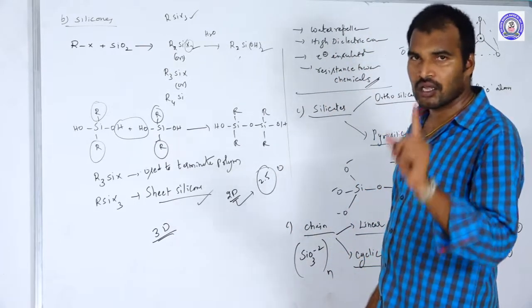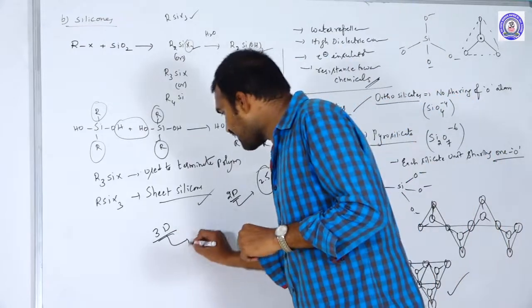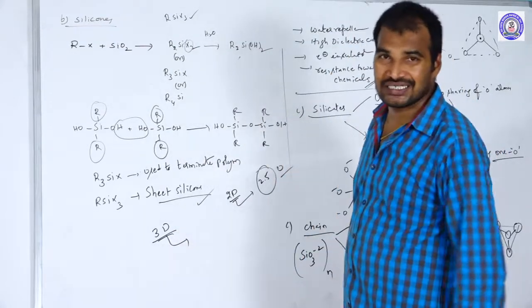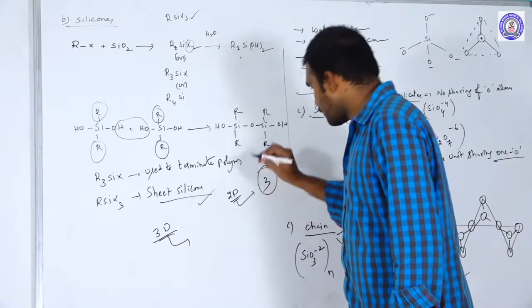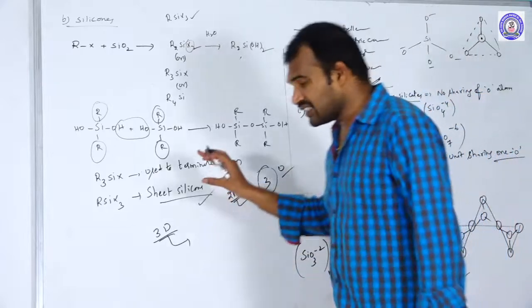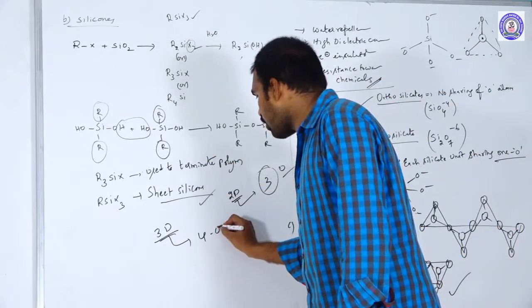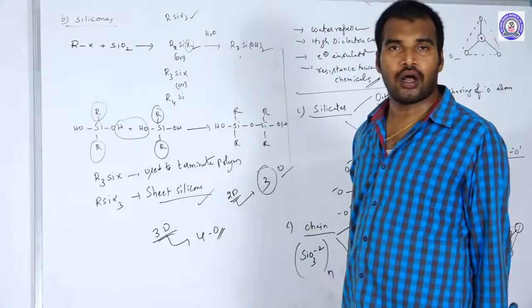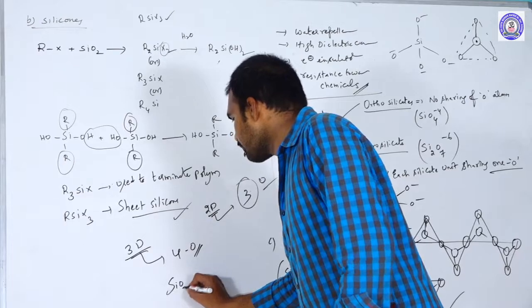In three-dimensional silicates, all 4 oxygens are shared. All 4 oxygens sharing means, the best example, silica.